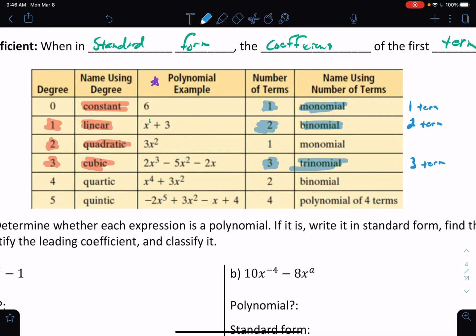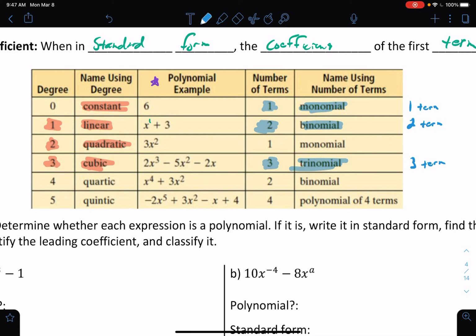Okay, so those each have their own special vocab words. Anything that's 4 terms or more, we just call a polynomial. We don't have a special name like a monomial, a binomial, or a trinomial. Okay? And to remember that, think bicycle has 2 wheels. So bi is a prefix that means 2. Tri is a tricycle that's got 3 wheels. So a trinomial has 3 terms.